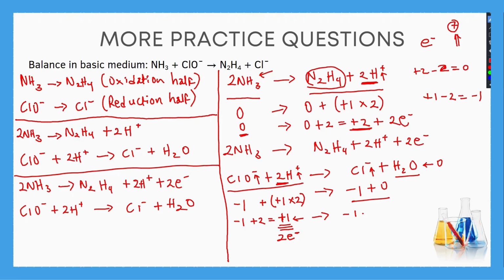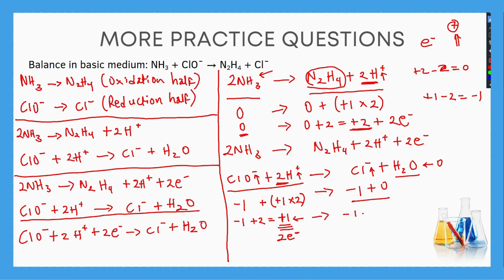Now remember, we've not added our electrons to this equation. So let's go ahead and add our electrons. We have ClO- plus 2H+ plus 2e- yielding Cl- plus H2O.